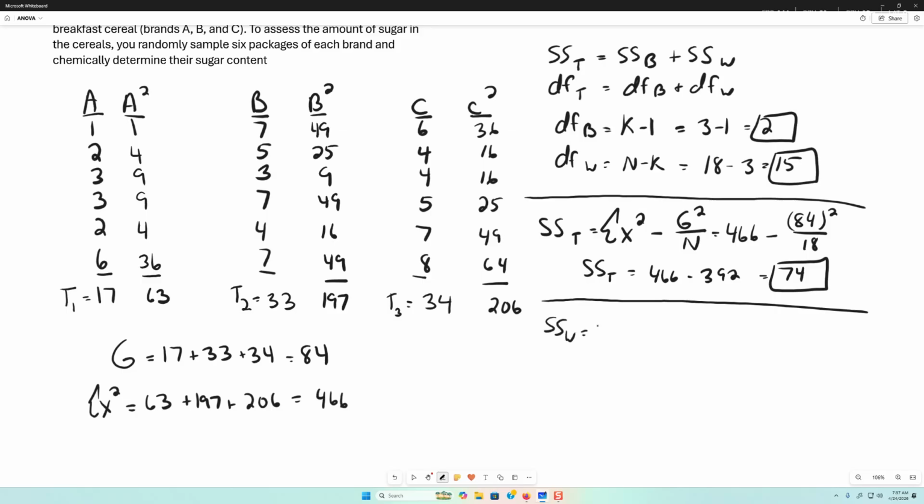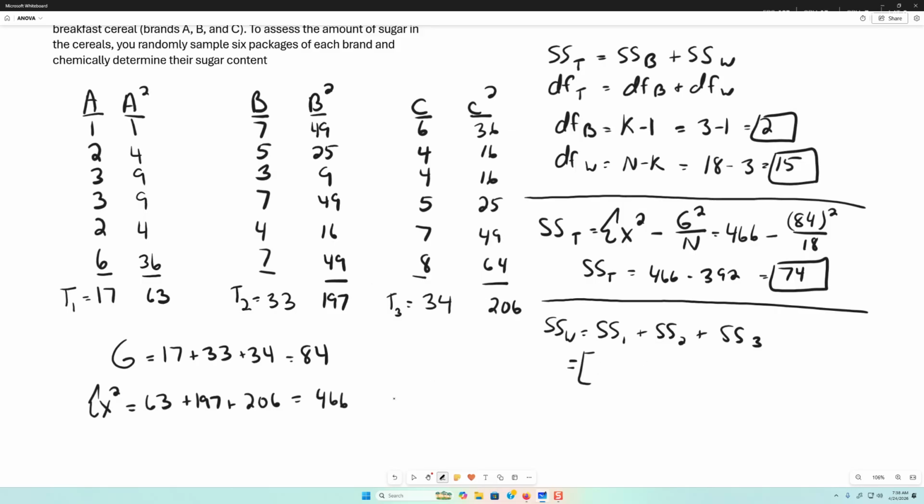Sum of squares within is basically the sum of squares in group A plus the sum of squares in group B plus the sum of squares in group C. That's what it is. So we have to do them individually. So it's sum of squares for group 1 plus sum of squares for group 2 plus sum of squares for group 3. And if I had group 4, it'd be sum of squares of group 4. So the sum of squares of group 1 is going to be this value here, 63.